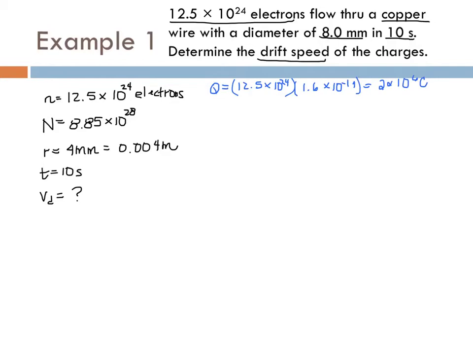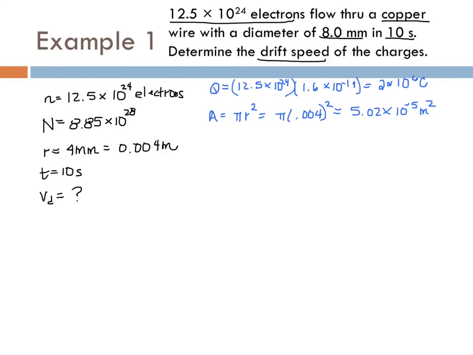Also, that radius, again, is not useful in the way that it's given because normally we need area. In this case, wire is normally a cylinder. So our area will be pi r squared for the ends of that wire. So that's pi times 0.004 squared. And we get 5.02 times 10 to the negative 5 meters squared. And then finally, we're asked to solve for our drift speed.